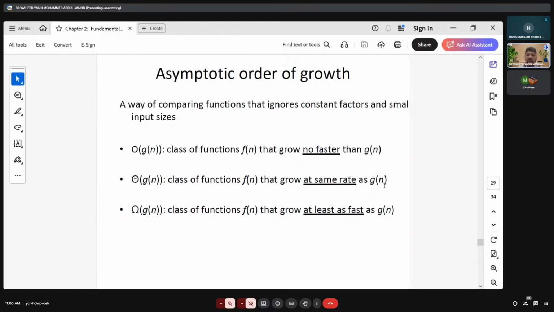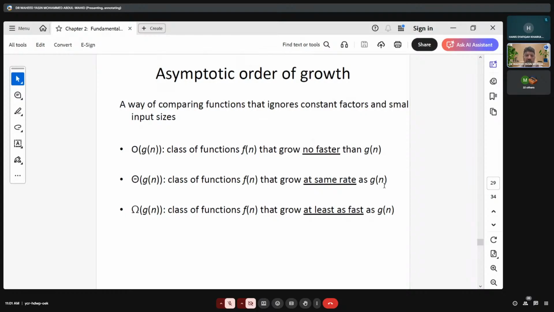Asymptotic order of growth is a way of comparing functions that ignores constant factors and small input sizes. O(g(n)) is the class of functions f(n) that grow no faster than g(n). Theta(g(n)) is the class of functions f(n) that grow at the same rate as g(n). And omega(g(n)) is the class of functions f(n) that grow at least as fast as g(n).